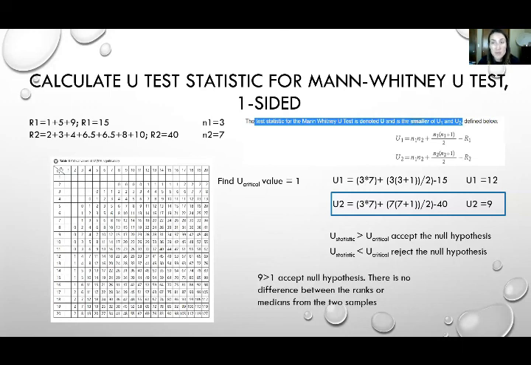It's always going to be the smaller value that you calculate. Another thing I recommend: if you put this whole thing in Excel, it can give you the wrong number if you're not careful with your parentheses. So I recommend calculating this by hand and writing it all out so you know that you're taking the correct step at the correct time.